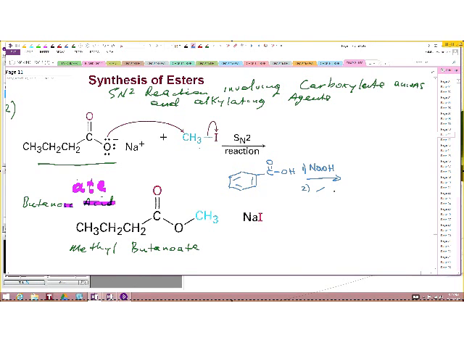Say, for example, I want to use a secondary alkylating agent, cyclohexyl iodide, and then I will get this here.